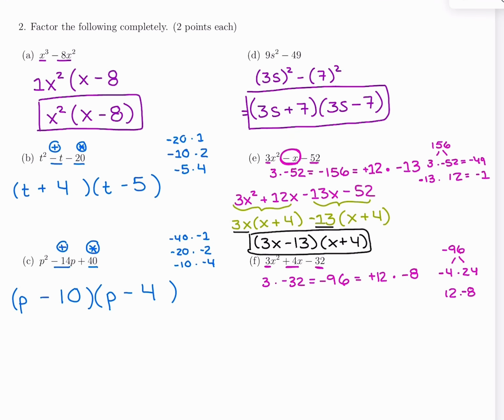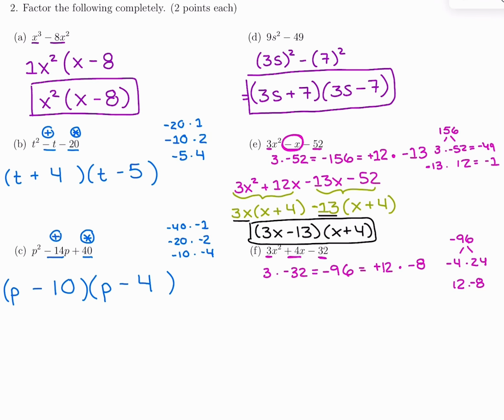So we're going to rewrite that original problem as 3x squared plus 12x minus 8x minus 32. That's the same exact thing as the original problem. 12x minus 8x is that 4x that we need. So that's perfect. We are ready to do some factoring by grouping.